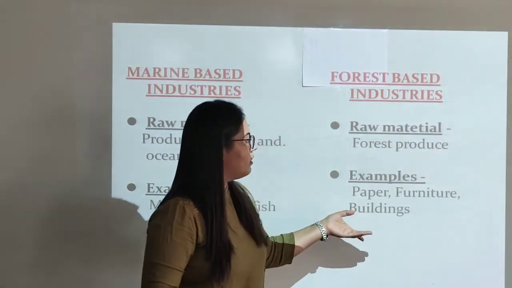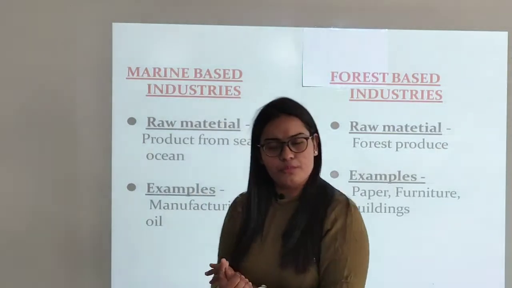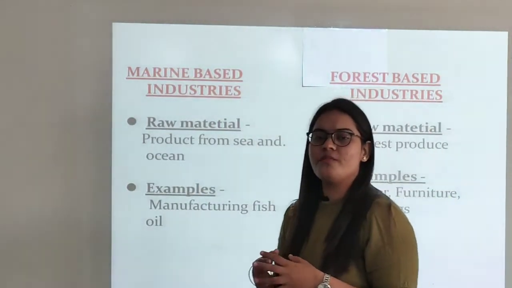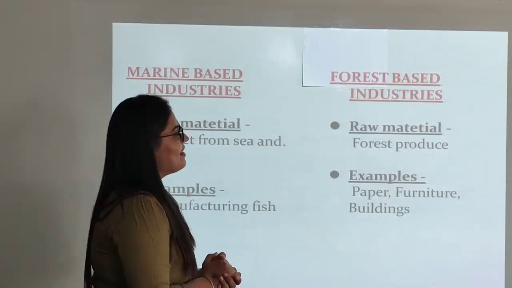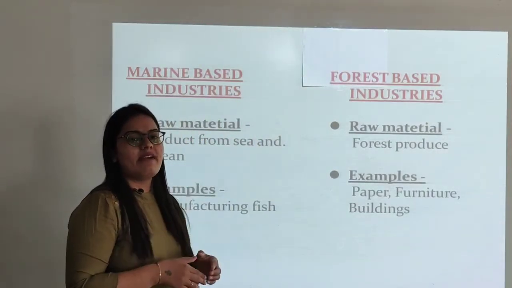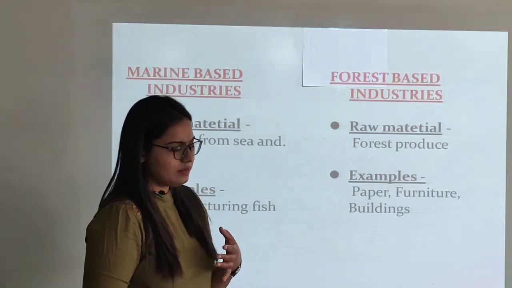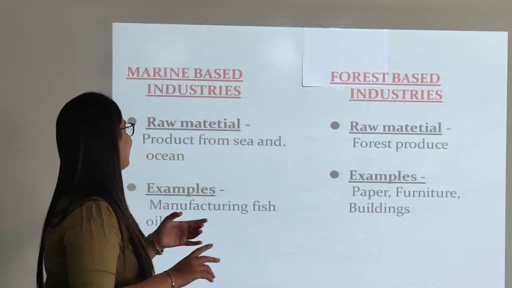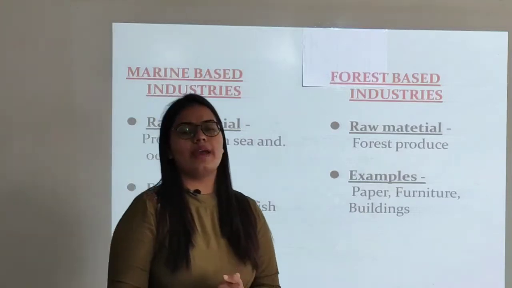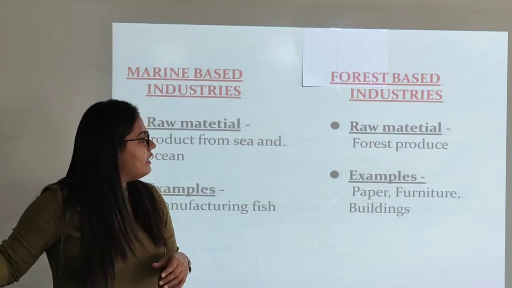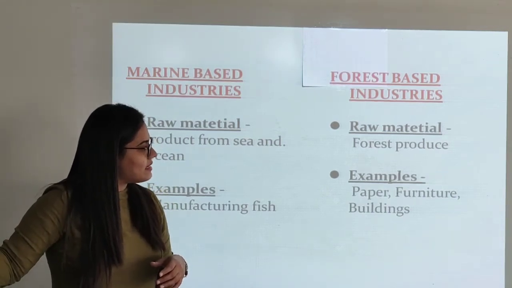Flowers are used in perfume manufacturing industries. So these are the examples of forest based industries. These are divided on the basis of raw material. The first one was forest based, the second is marine, the third was agro, and the fourth one was mineral based industry. Now, divided on the basis of size.